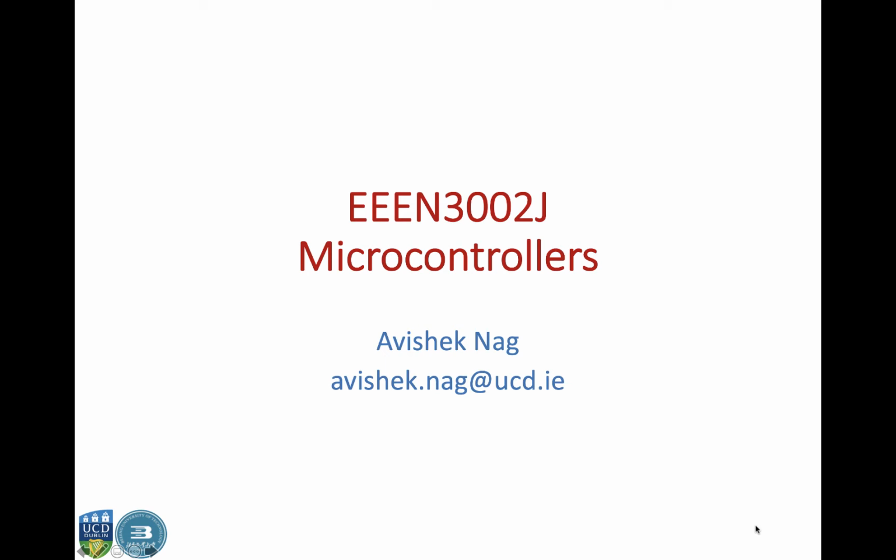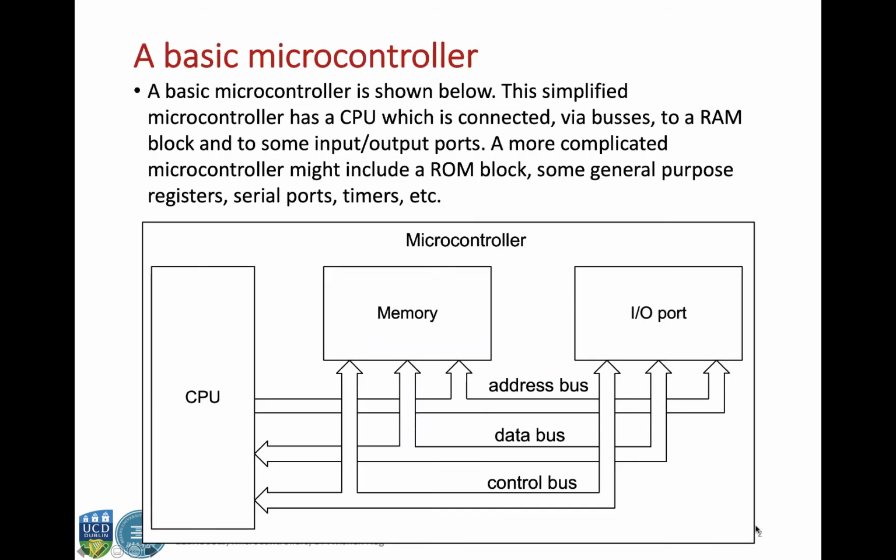So today in this lecture we will start gradually with the basics of the microcontrollers. So a basic microcontroller, as you see in this picture, consists of a CPU and different memory blocks, and also IO ports. So you saw that this was the basic difference between a microprocessor and a microcontroller in your last lecture.